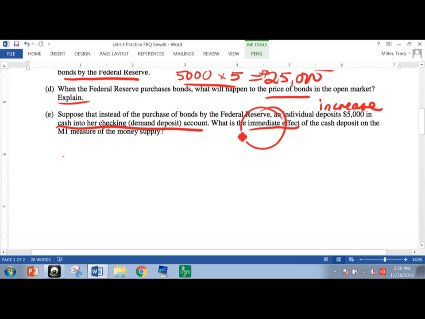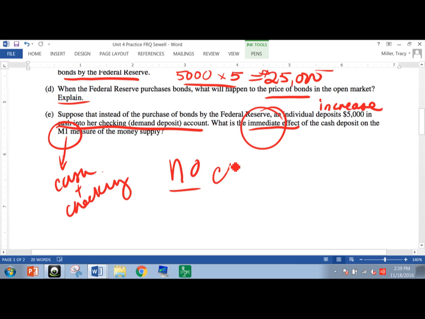It says, what's the immediate effect of the cash deposit on M1? Remember, M1 is cash and checking. So if she's depositing cash into her checking, there has been no change to M1 as a result of this. All we've done is now there's more checking than there was cash before.